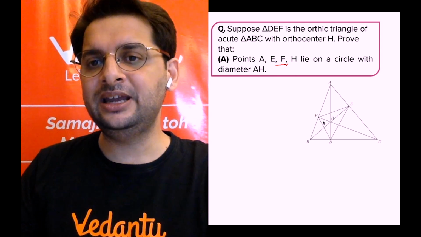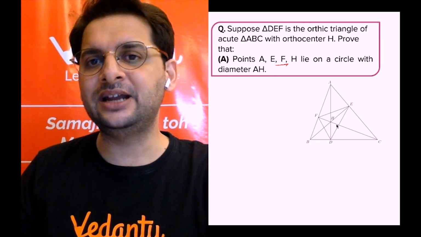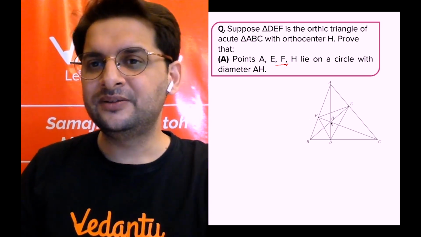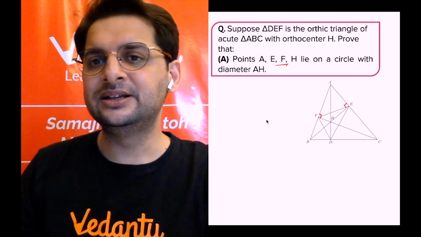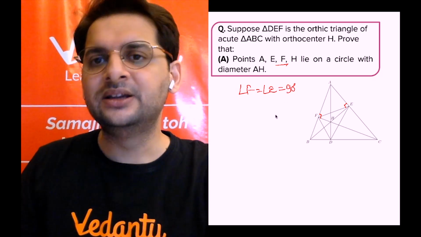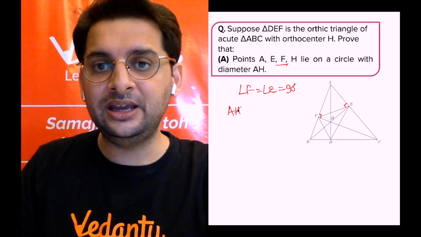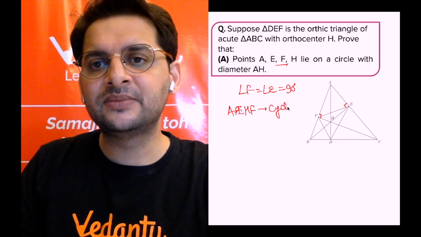Can we prove that A, E, F and H are cyclic? They lie on a circle with AH as diameter. This has already been proved. How? Because this angle and this angle are 90 degrees. So if angle F is equal to angle E, which is 90 degrees, can I say AEHF is cyclic?